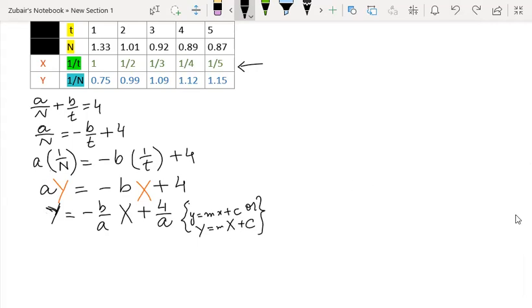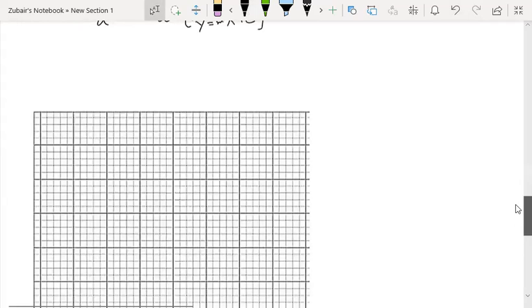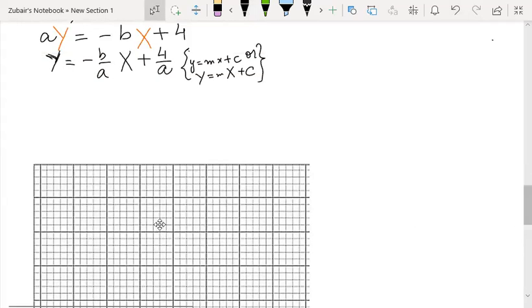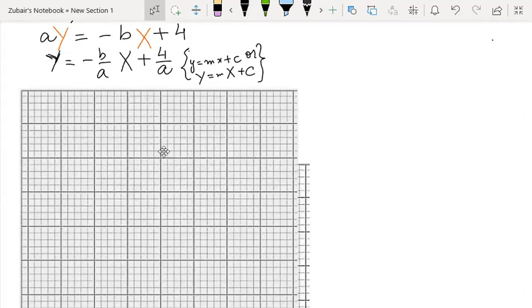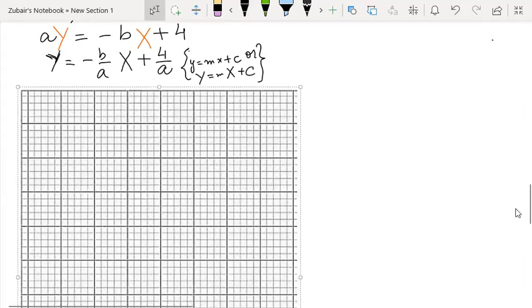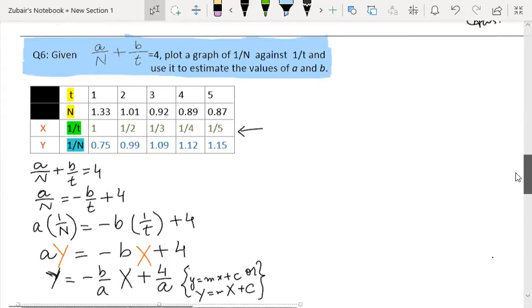Where is the graph? Okay. So now we should see the values because we have to plot y against x.